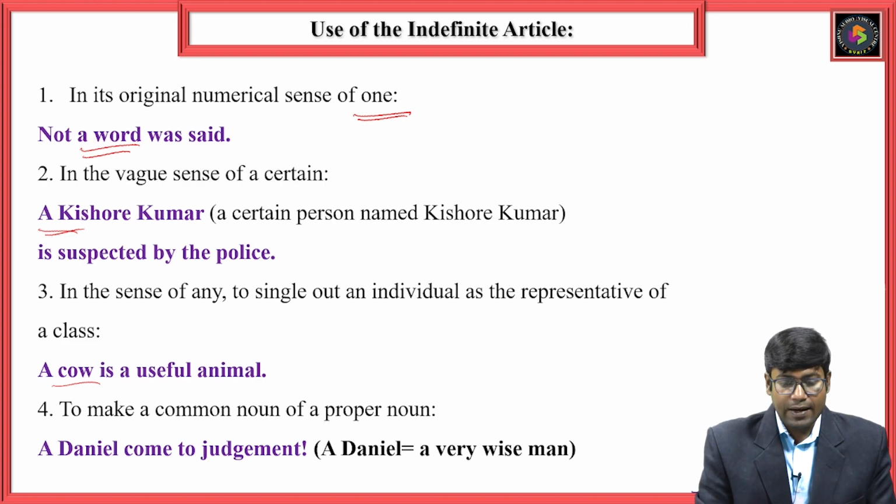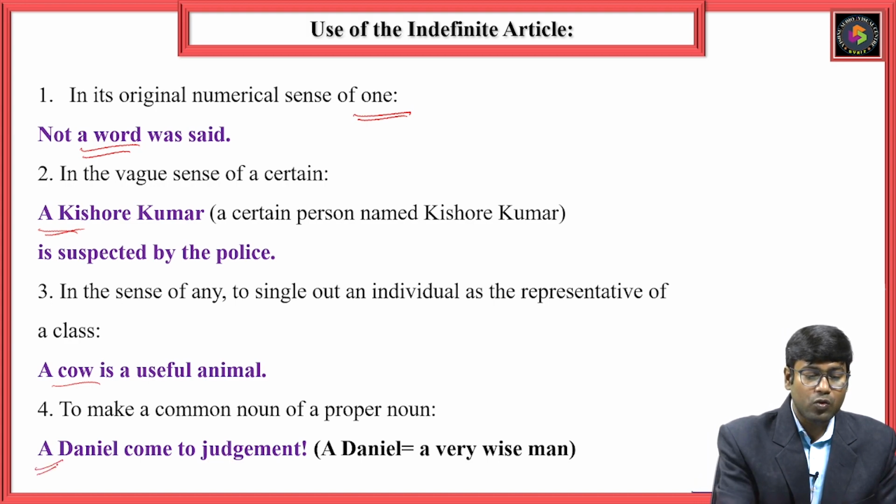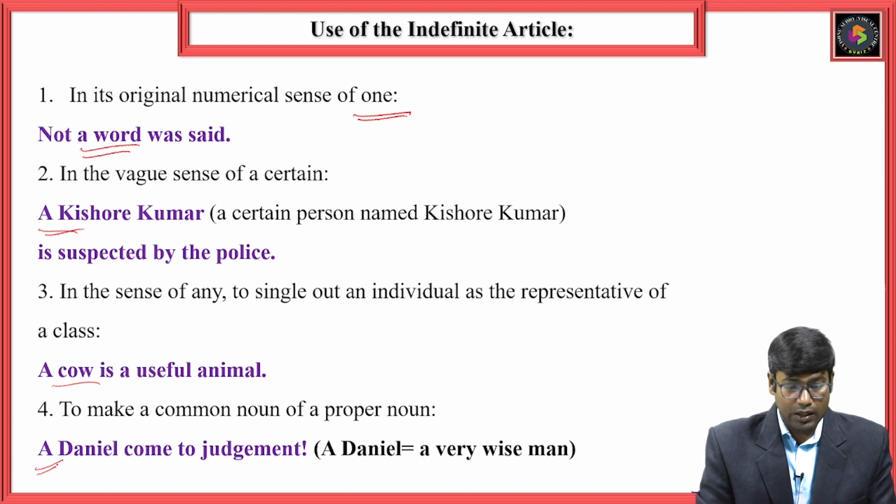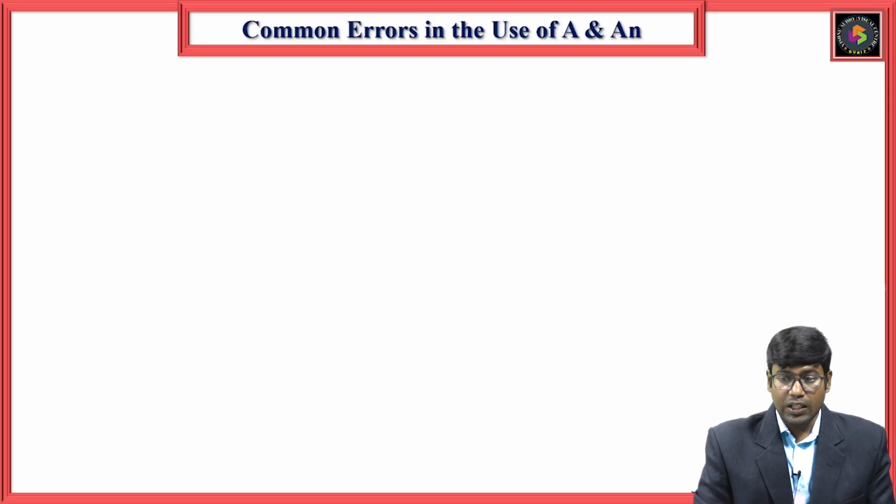Generally, we shouldn't add any article before a proper noun. Here this is an exception, where we are making a common noun of a proper noun. Daniel is a proper noun, and we are using a before Daniel. So, a Daniel come to judgment. Here, a Daniel means a very wise man, so it represents a common noun, like all wise men. So these are the common errors in using a and the.